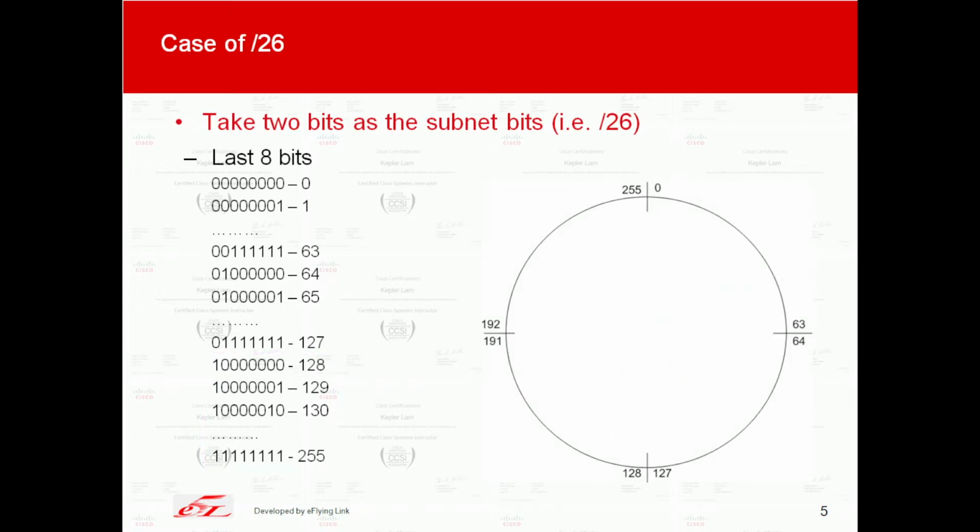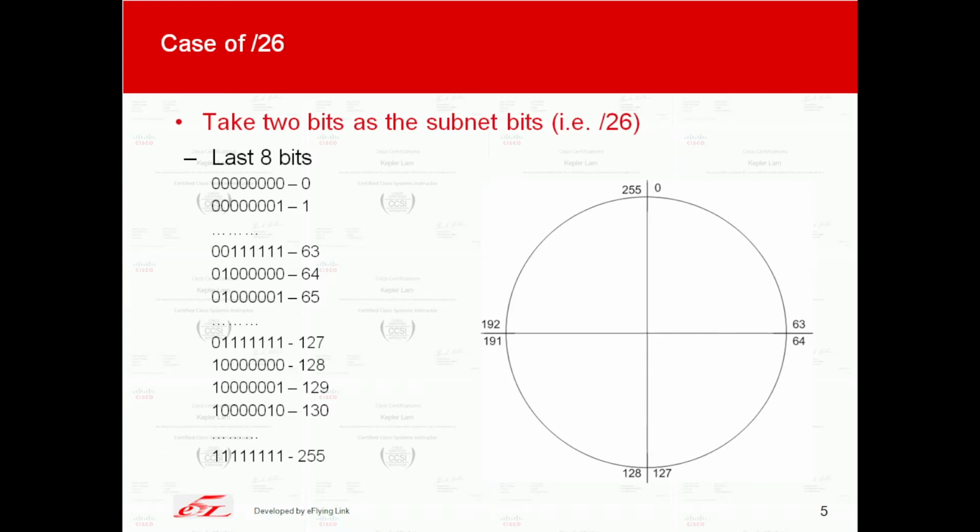Now we go back to our case. Recall that in the case of /25, we divide it into two different portions. Now in the case of /26, we further divide each of these two portions into two more portions. That means right now we will get 4 portions.